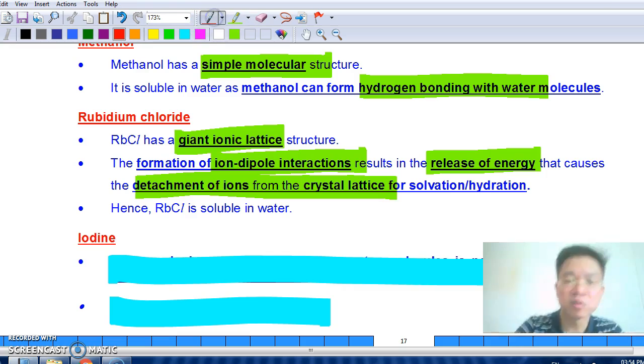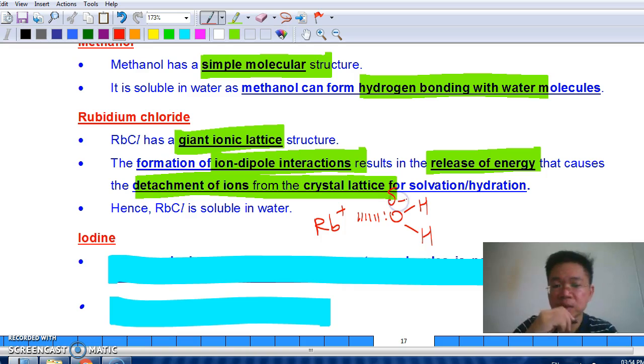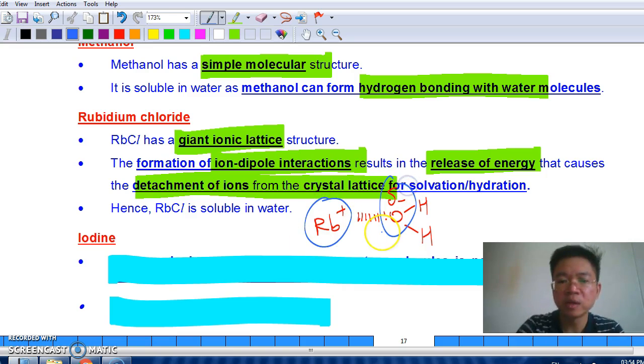Okay, perhaps just to draw out the structure. Rb plus forms ion-dipole interaction with water molecule. Remember that this is a delta minus, so that's why we call this an ion-dipole interaction. If you are asked to draw, remember, like hydrogen bonding, I draw at least two structures, either the Rb plus or I draw the Cl minus.